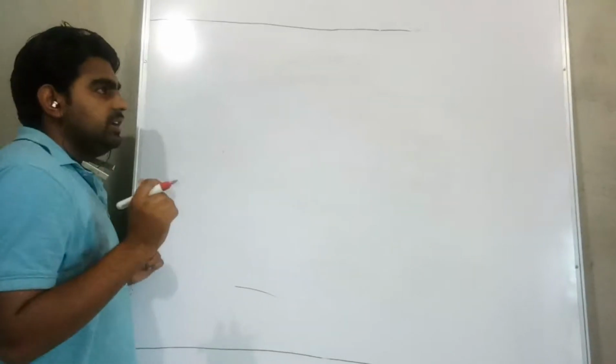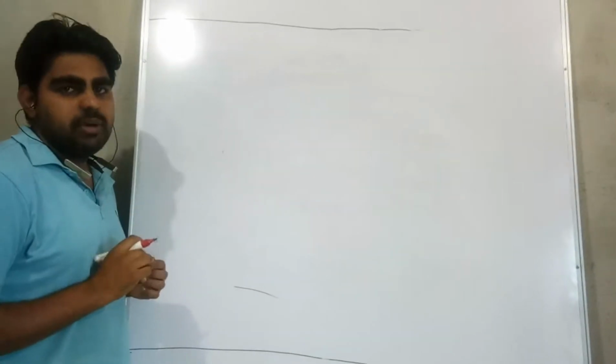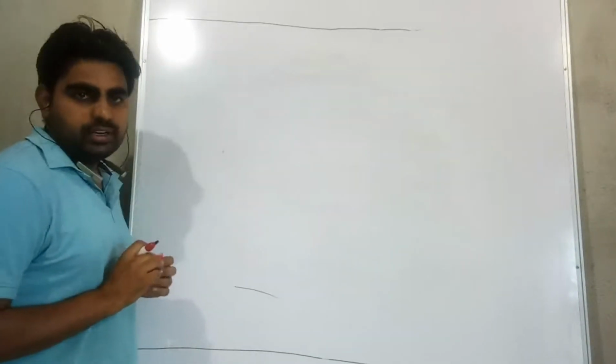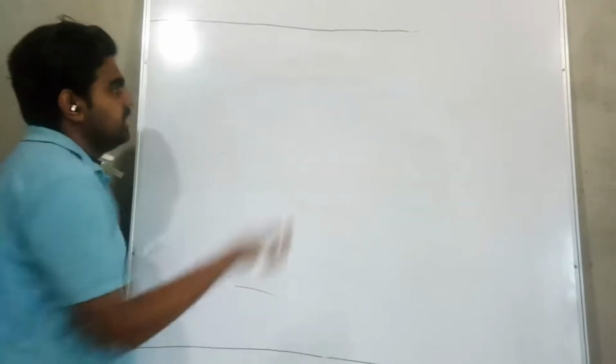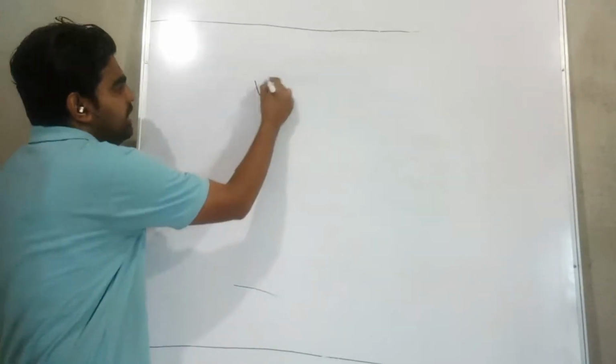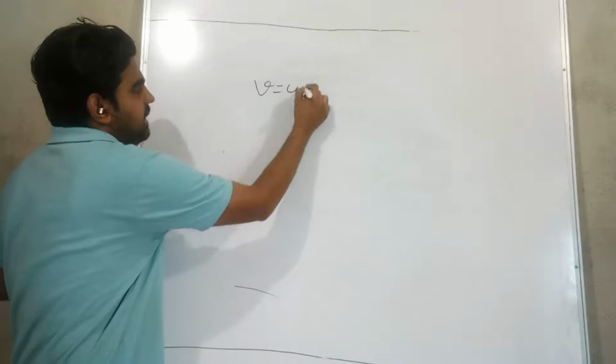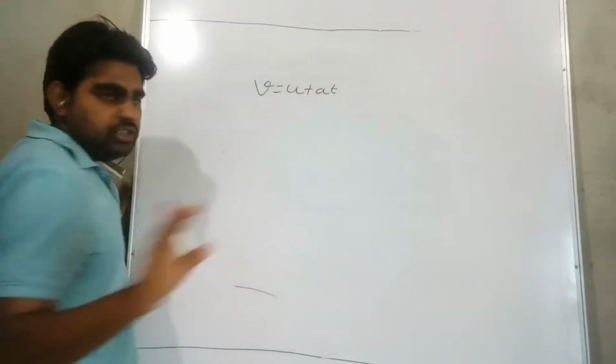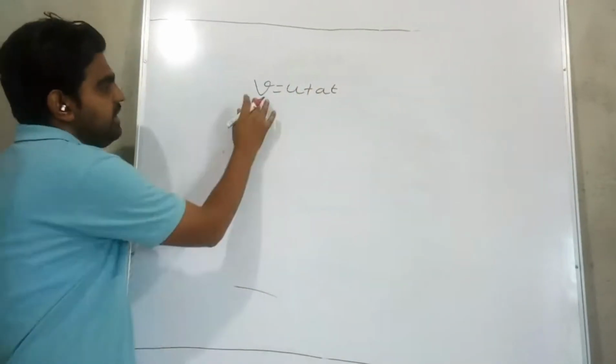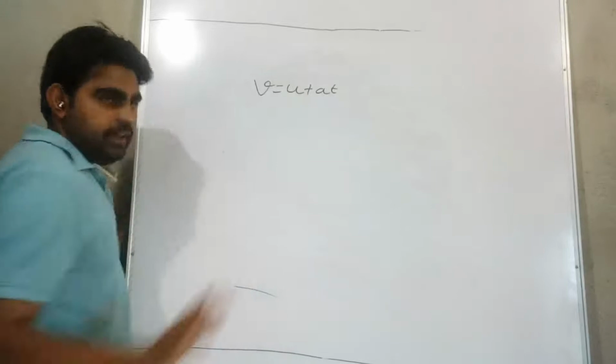Yesterday we discussed the first equation of motion, clear? The first equation of motion is v equals u plus at.